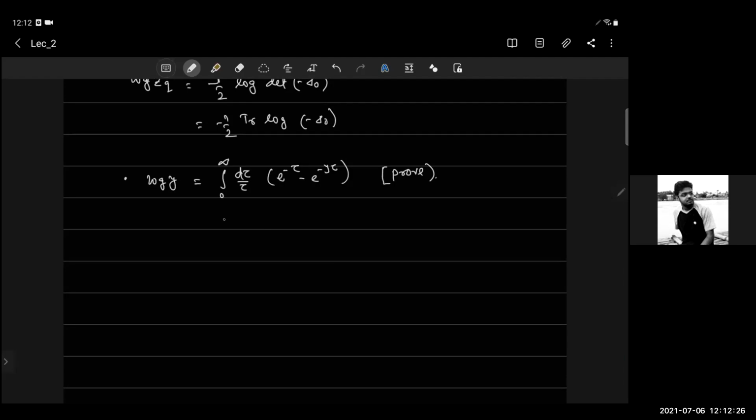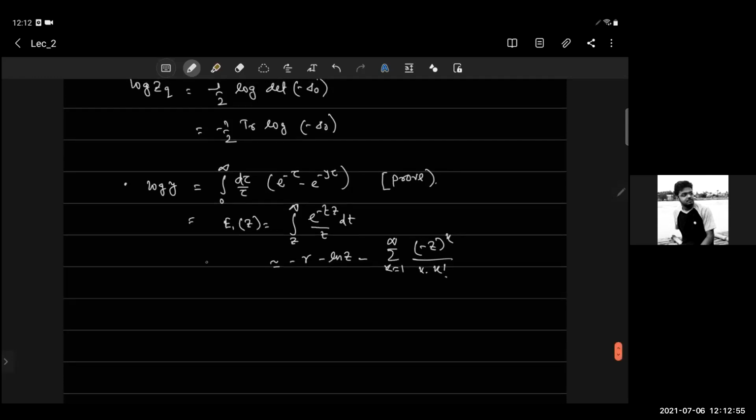It can be expressed in terms of the exponential integral, and the expansion in a series around z equals 0 is gamma minus log z. Using these two properties, you try to prove that log y can be written in terms of the following integral transformation.